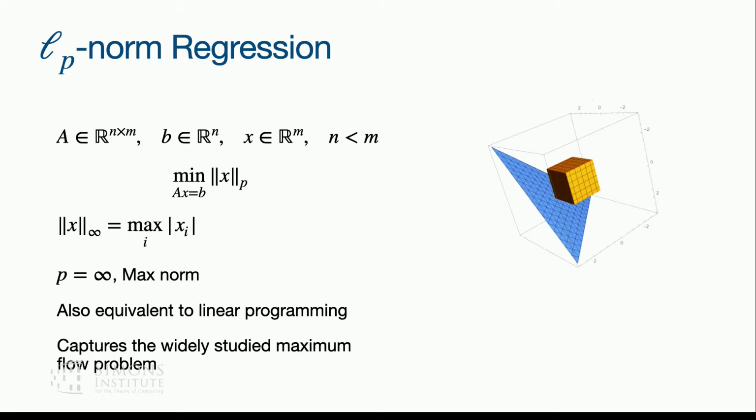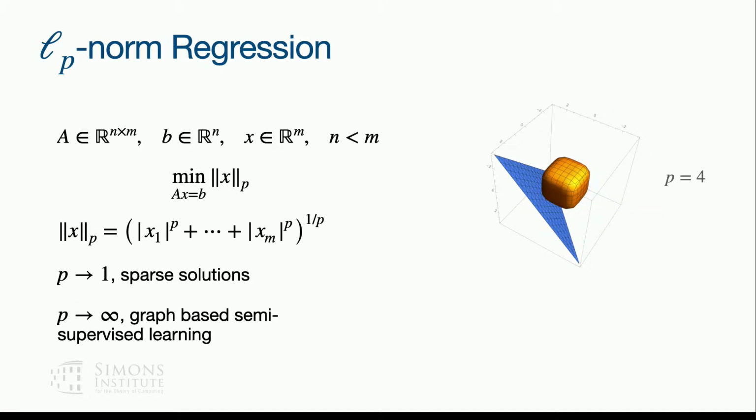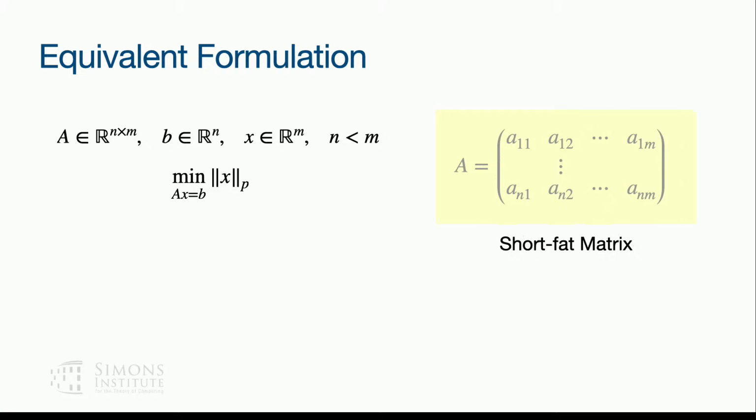And when P is infinity, it captures things like max flow, like linear programming, and a bunch of these things. As P tends closer to 1, when P is less than 2, you tend to get more and more sparse solutions. And as P is large, as we saw in the example, you get more flat solutions for applications.